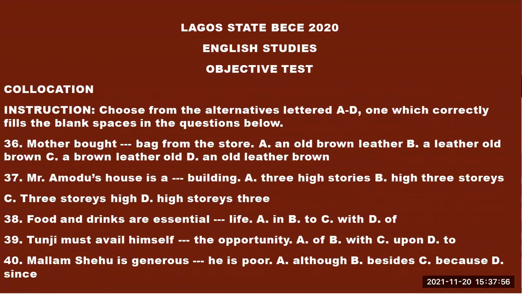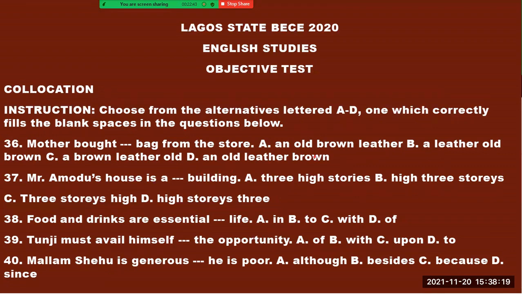Now we are going to number 36, question number 36. Mother bought dash bag from the store. A, an old brown leather bag. B, a leather old brown bag. C, a brown leather old bag. D, an old leather brown.